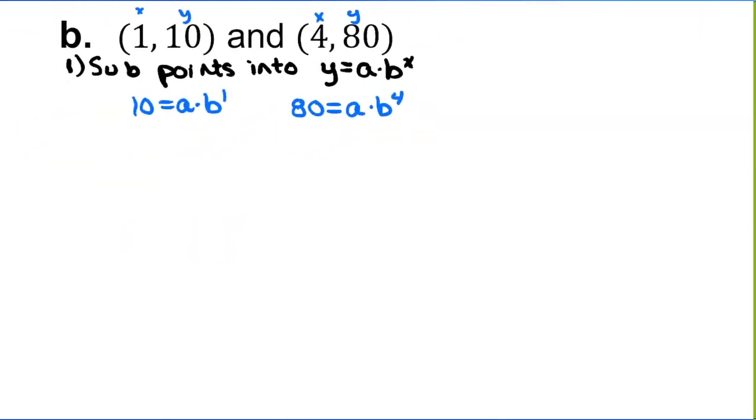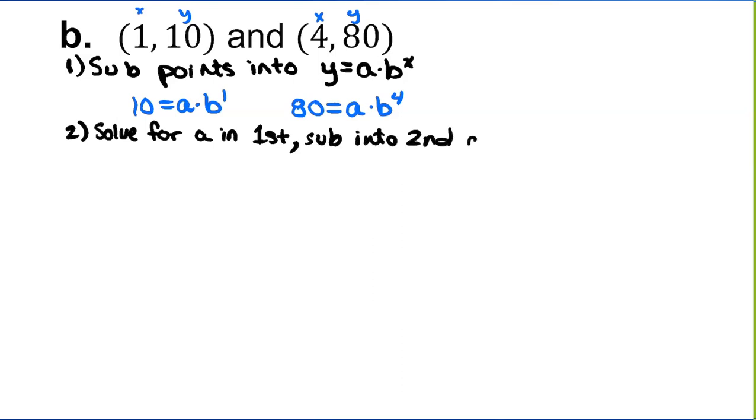Alright, so our second step is to solve for a in the first equation, then sub into the second, and solve. So we're going to rearrange this first equation, divide both sides by b.